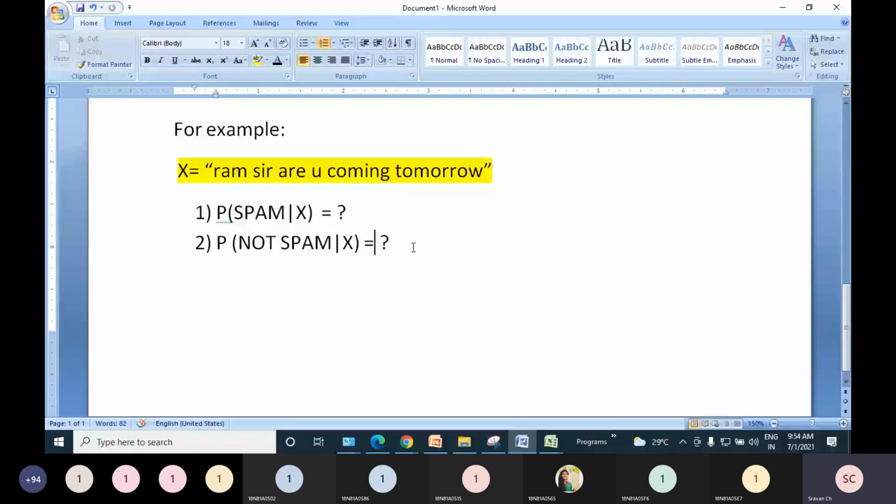So suppose I got P of spam given X is more than P of not spam given X, in that case I will consider this X as spam.